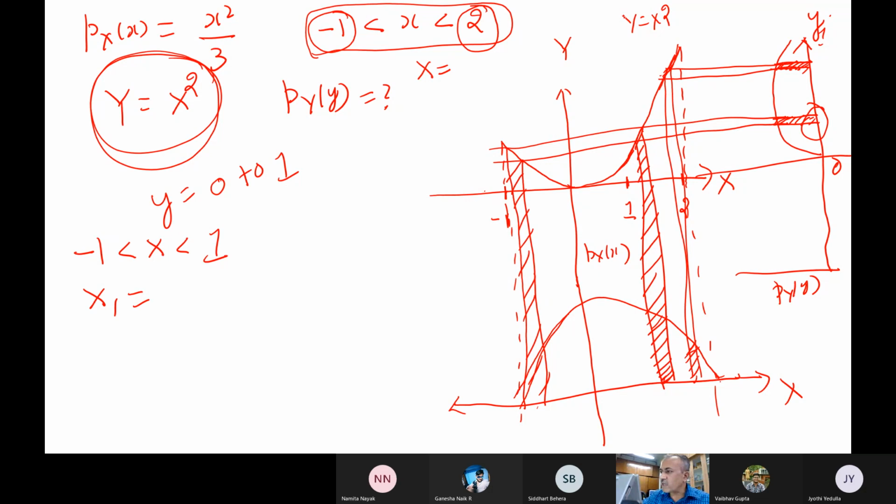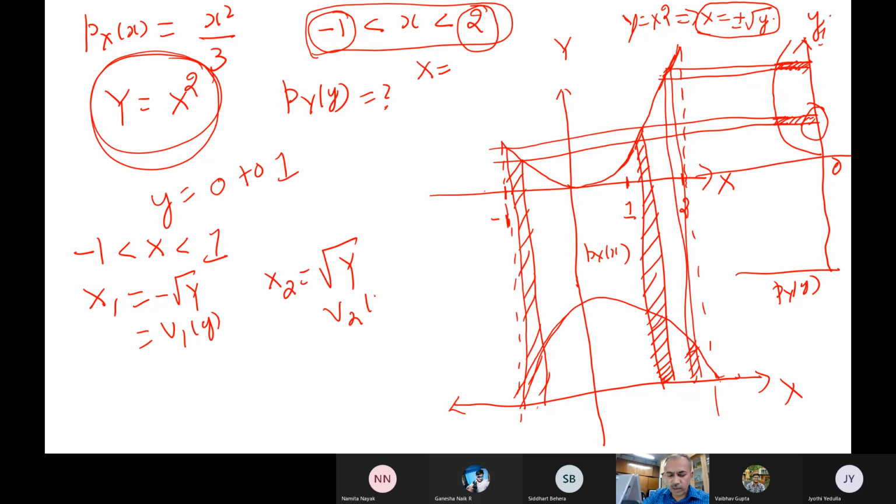X is square root of Y. Here you have to be careful: it will be plus or minus. You follow? That's why you are having these two roots. One is minus root of Y and another is plus root of Y. So two roots. This will be V1 of Y and this will be V2 of Y.